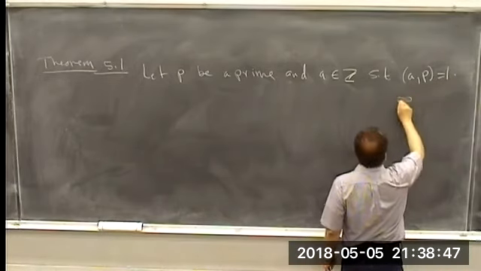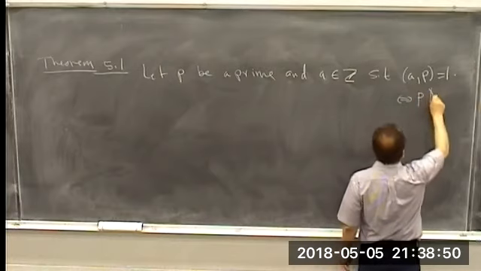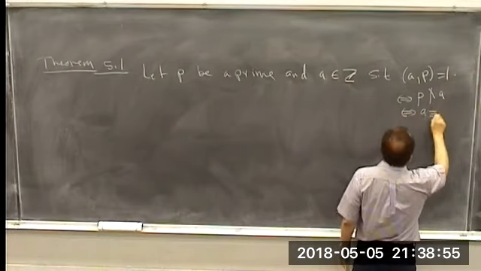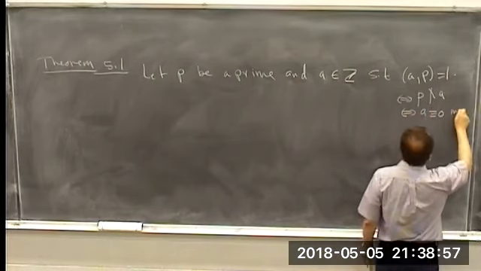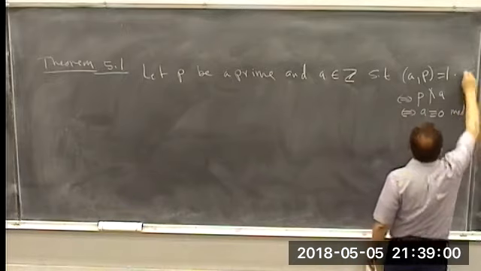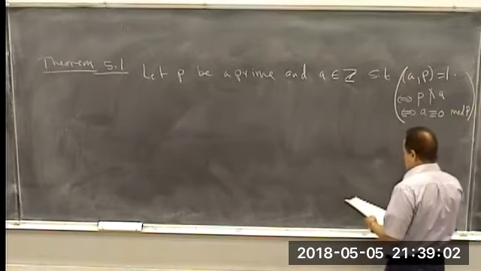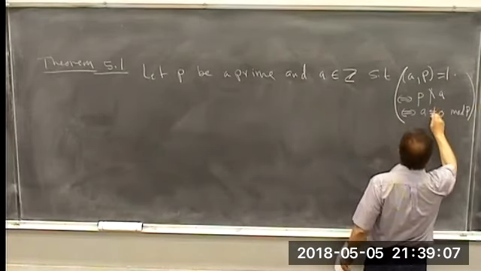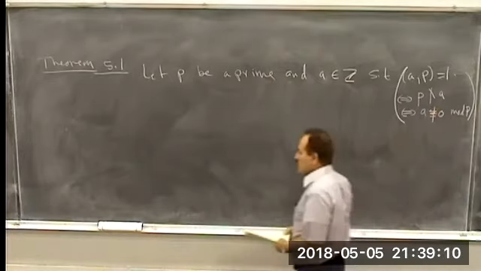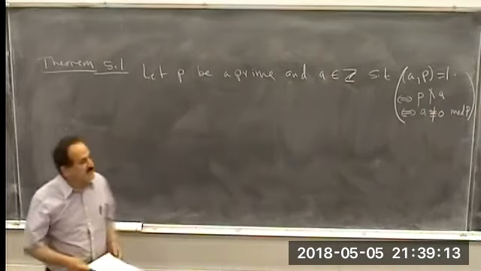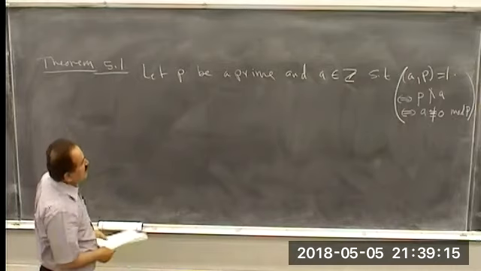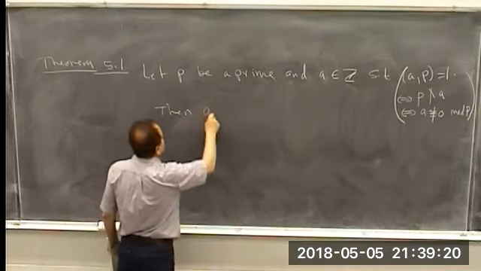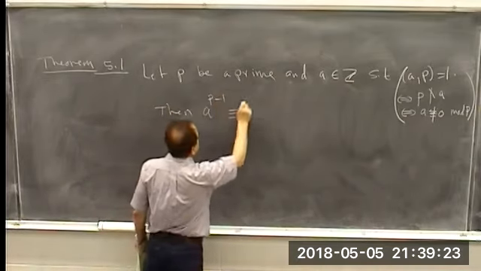This is equivalent to saying that p does not divide a. Also, this is equivalent to saying that a is not congruent to 0 mod p. Any one of these statements, these are equivalent to each other. So in other words, a is not equal to 0 in this system mod p. All right? So if these conditions are satisfied, then a to the power p minus 1 is congruent to 1 mod p.